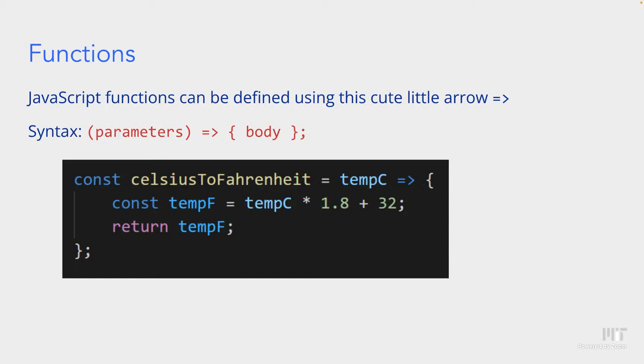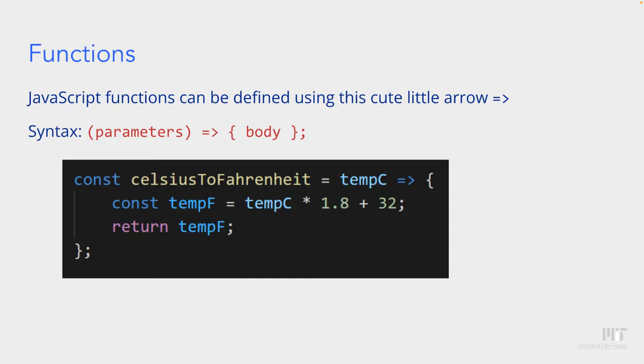And how that is structured is you have your parameters to your function. Normally it would be in parentheses, but since we only have one parameter, which is temp C, we can omit the parentheses. But usually we would have parentheses if we have multiple. And then we would have the arrow symbol, and then our curly braces to denote everything inside of that function.